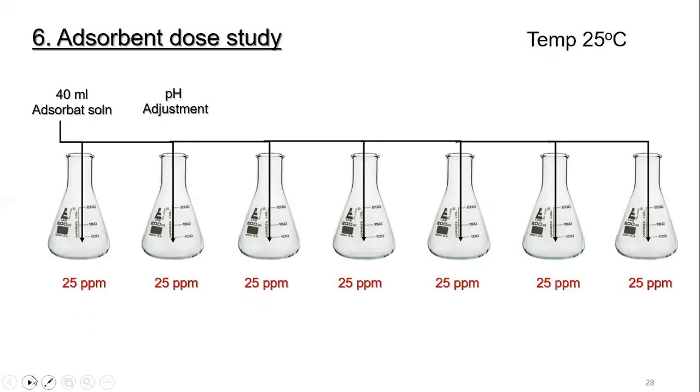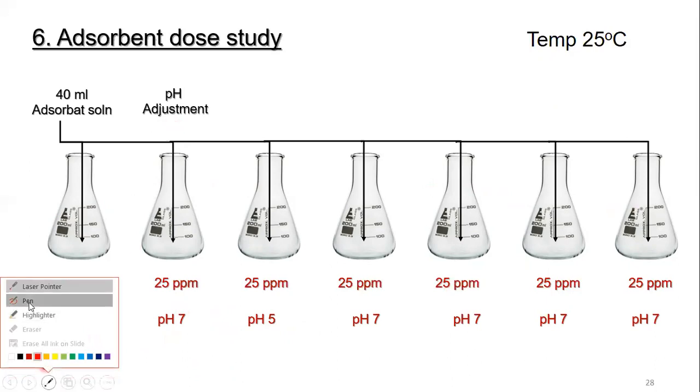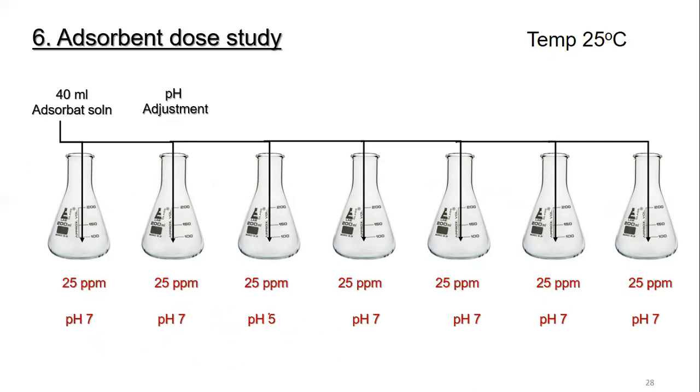Second, we adjust the pH, and the pH is adjusted to 7. Sorry, there is again a mistake. This is not pH 5, it is 7. So adjust the pH of every flask, from the first to the last, to pH 7. And once again I remind you that you have to adjust this pH using strong acid, strong base, weak acid, or weak base solution.